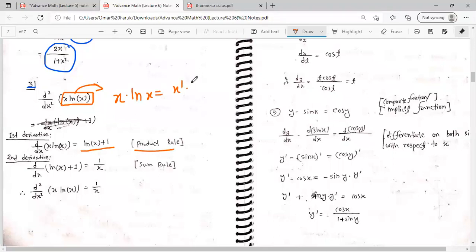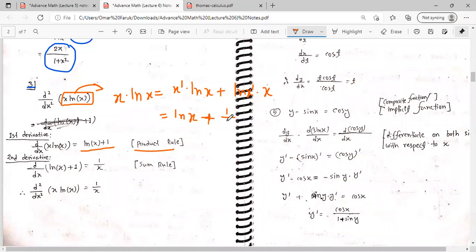So its product will be x derivative into ln x plus ln x derivative into x, right? So x derivative is 1. So 1 into ln x means ln x, plus ln x derivative is 1 by x.